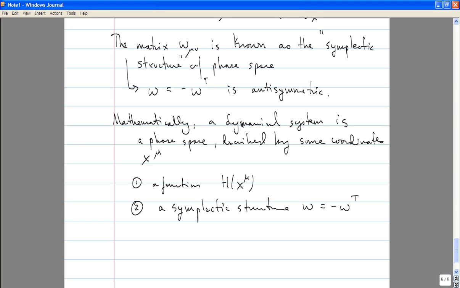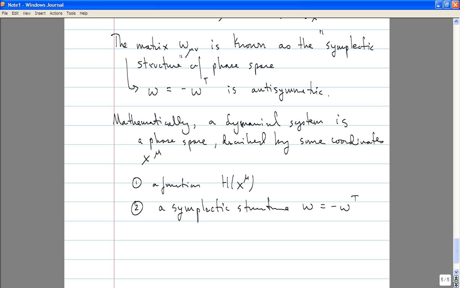And indeed, for those of you who have seen it, this symplectic structure is in fact what is known as a differential form. It's called a two-form. And all of the mathematics that people use to study classical systems follows from this basic starting point, that you have a function and that you have this two-form that people call the symplectic structure that satisfies some properties.